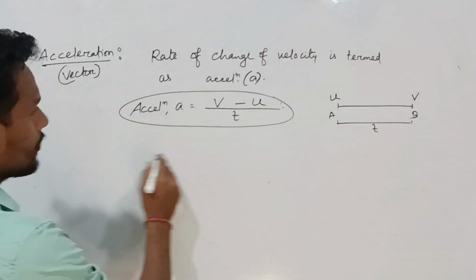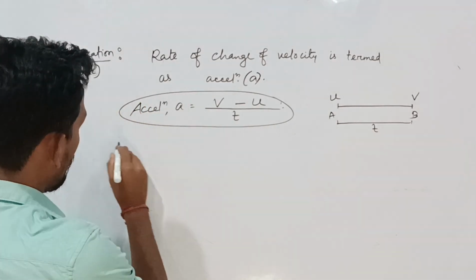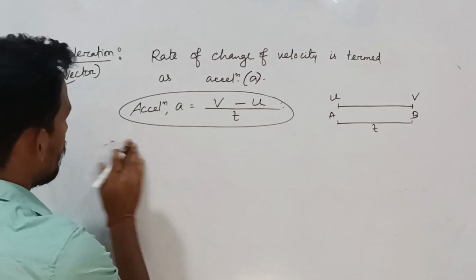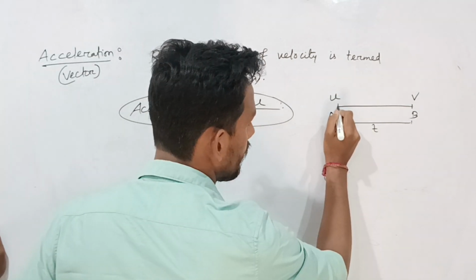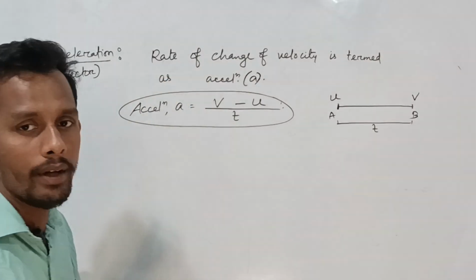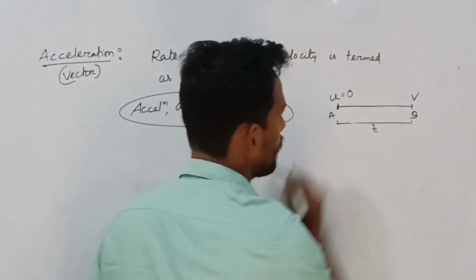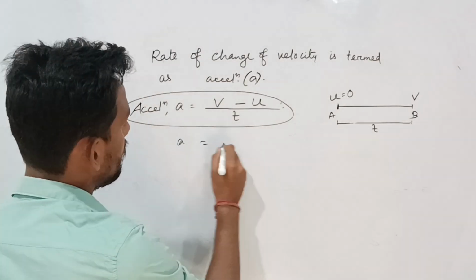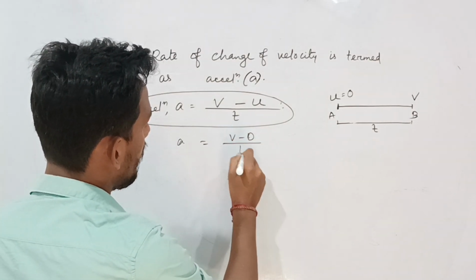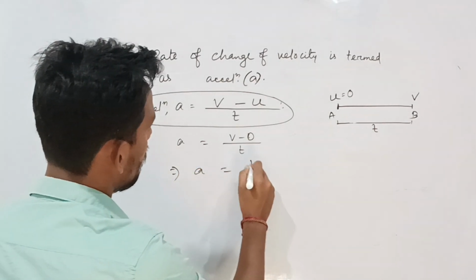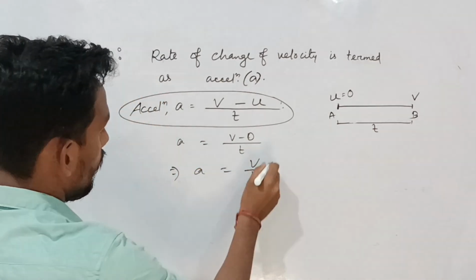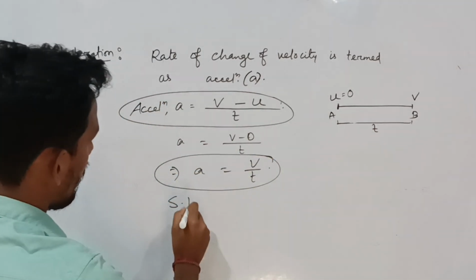Clear? Now, what is the SI unit of acceleration? Suppose this is your initial point and you are at rest. In that case, u will be 0. If you put u as 0, then a is equal to v minus 0 by t, so a is equal to v by t. So what is the SI unit?